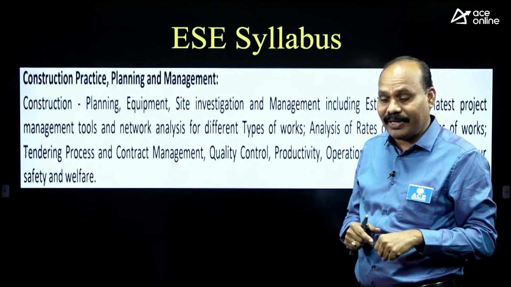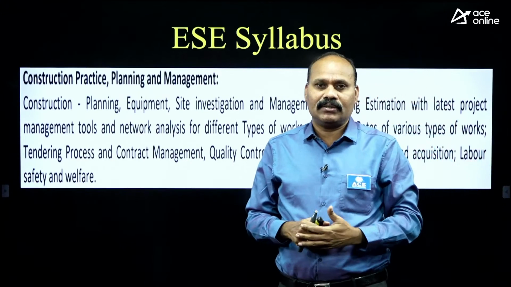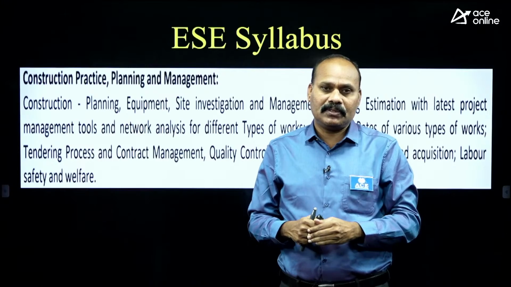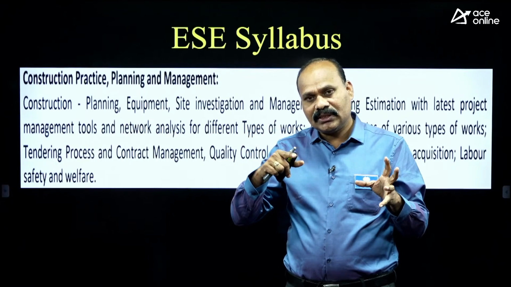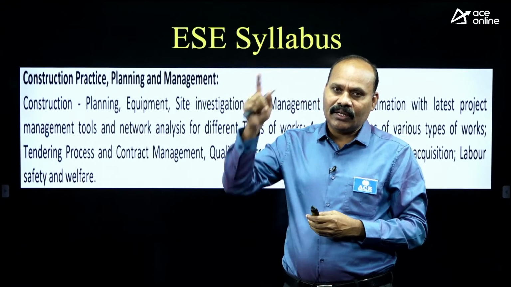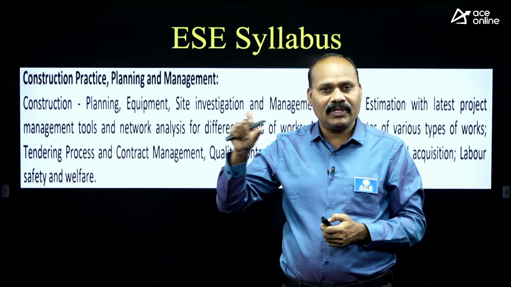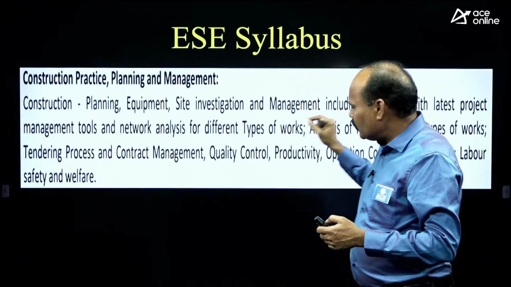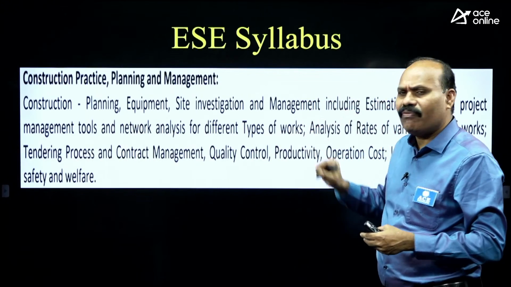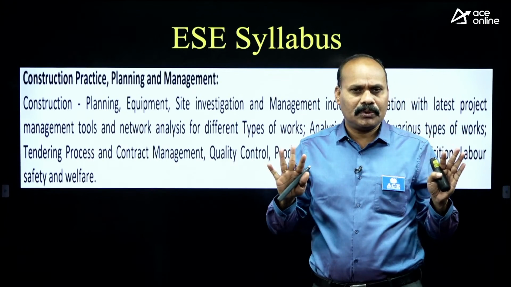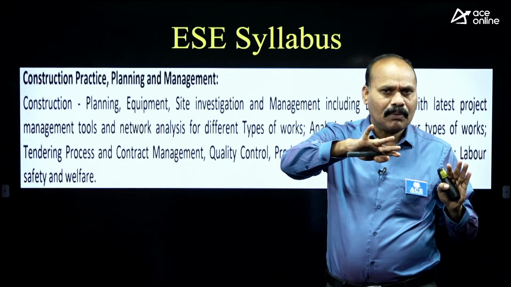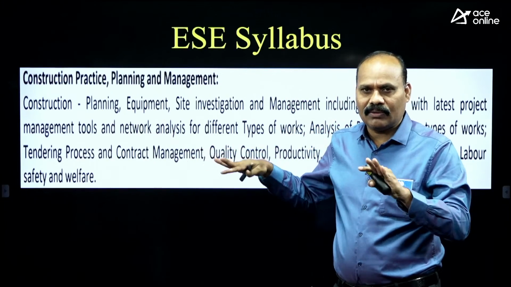So that is the ESE point of view. Next, safety aspects. Safety principles, construction safety, all these things are again covered under construction or quality management subject. Safety and welfare are actually general issues, so general studies topics may be common here.